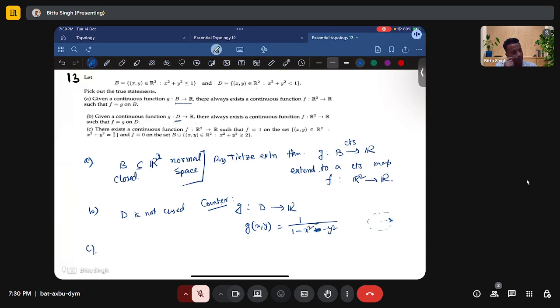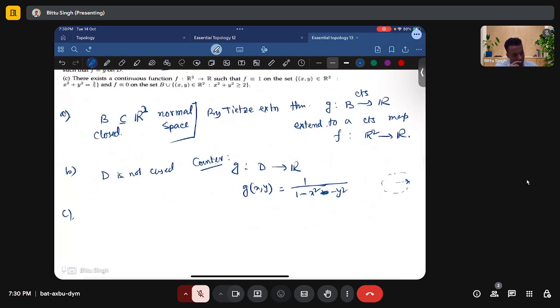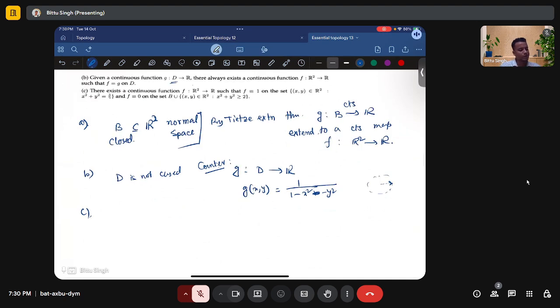In this case, for problem C, F is a continuous map from R2 to R, and we have two sets. One set is x square plus y square equal to 3 by 2. This is one set.